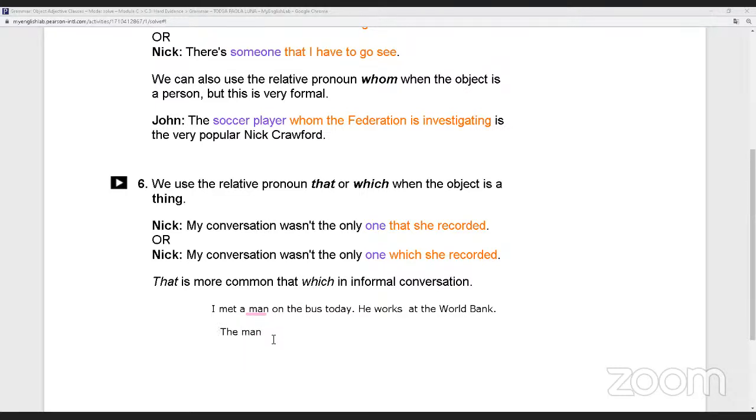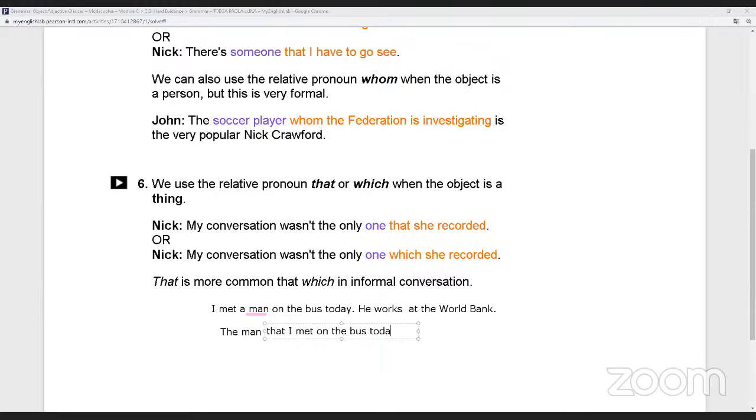What else? Once you chose your noun, you're gonna start with the adjective clause. The sentence you have would be: the man that I met on the bus today works at the World Bank.